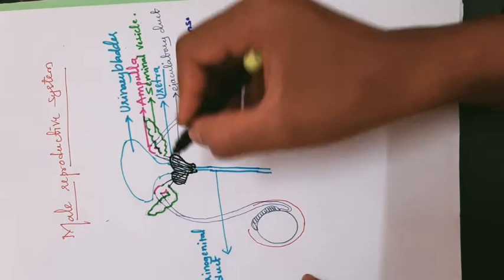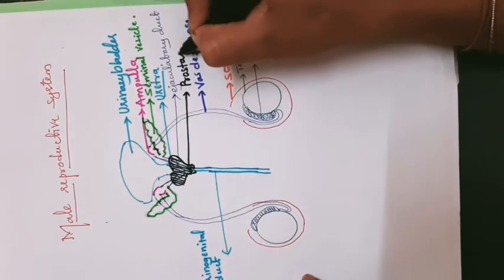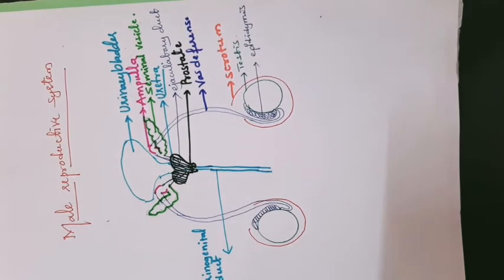This structure is called the prostate. The prostate is a gland which covers the ejaculatory duct and the urethra. We can say the point of connection of the ejaculatory duct and the urethra is protected by a specialized gland called the prostate gland. Then the urinogenital duct or urethra passes through a specialized, muscular, highly tough structure called the penis.